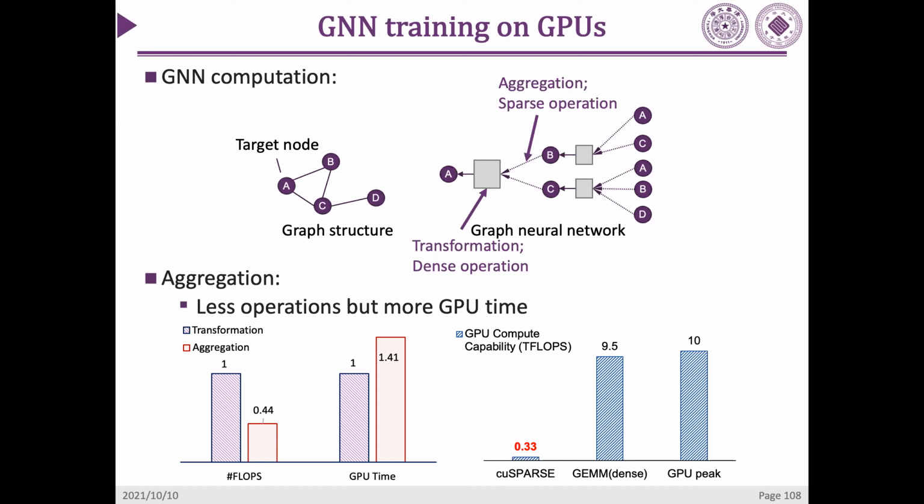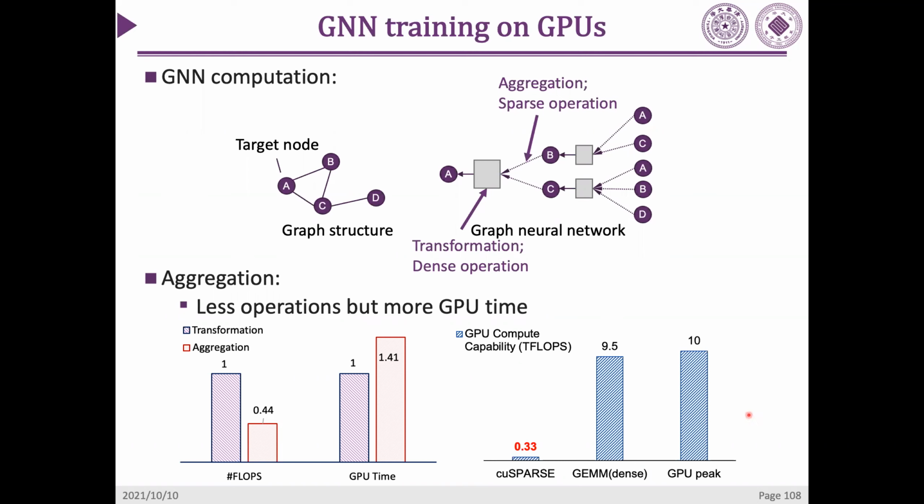So let's look at the aggregation. The sparse operations are less efficient on the GPU, because the GPU is designed for dense matrix operations.